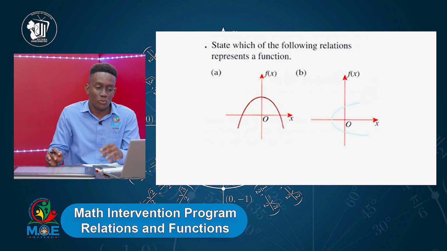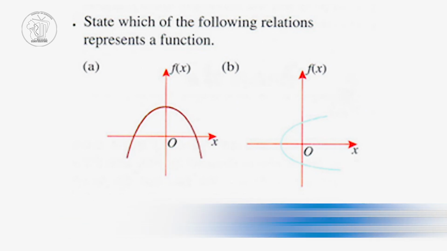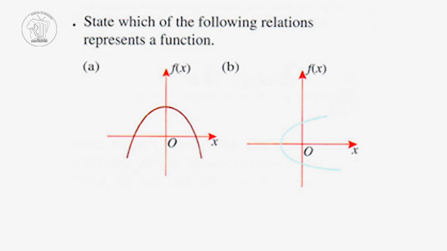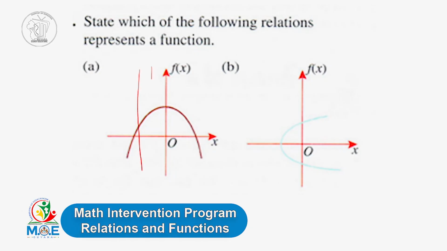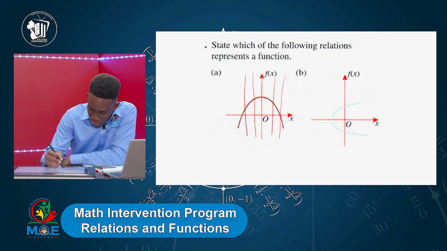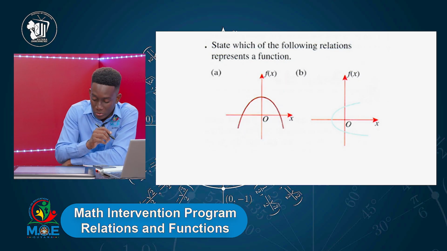So let's look at 2 more examples. State whether the following relations represent a function. So we have A and we have B. For A, if we do the vertical line test, we can see that the vertical lines will only pass through one and only 1 point on this graph.